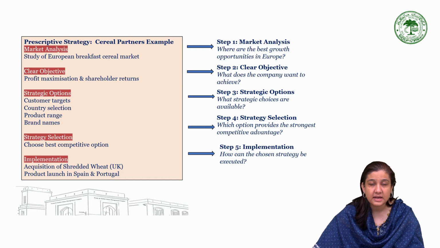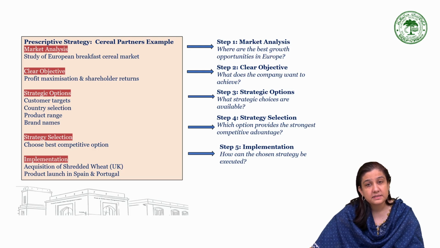Once objectives are established, managers identify strategic alternatives. For Cereal Partners, possible options included selecting target customer groups, entering specific countries, expanding product ranges, and using different brand names.